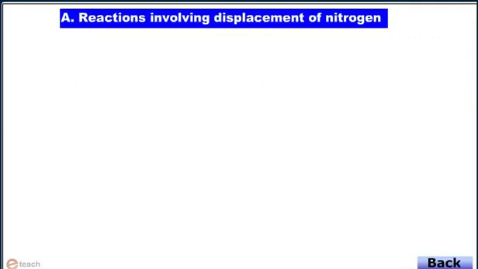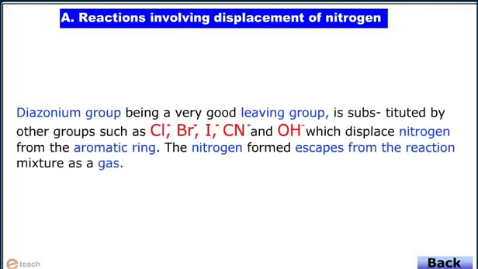Reactions involving displacement of nitrogen. The diazonium group, being a very good leaving group, is substituted by other groups such as Cl, Br, I, CN and OH, which displace nitrogen from the aromatic ring.